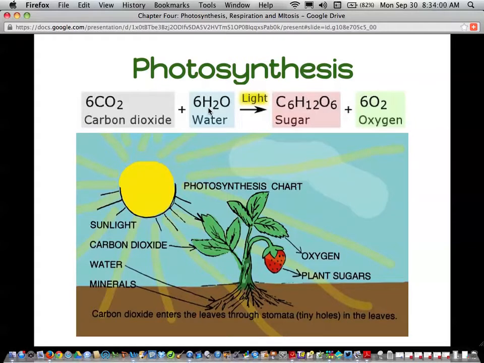So, animals, as well as plants, because plants do respiration too, CO2 comes from respiration. One of the biggest sources of CO2 these days is human production. CO2 also comes from volcanoes, from the oceans, and other sources.